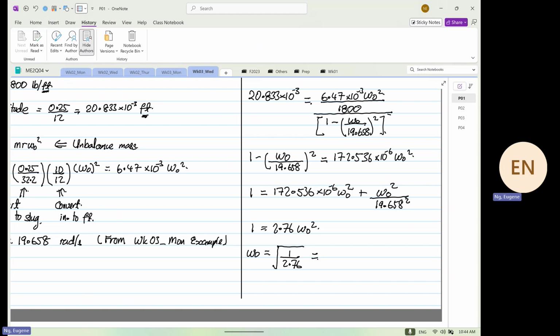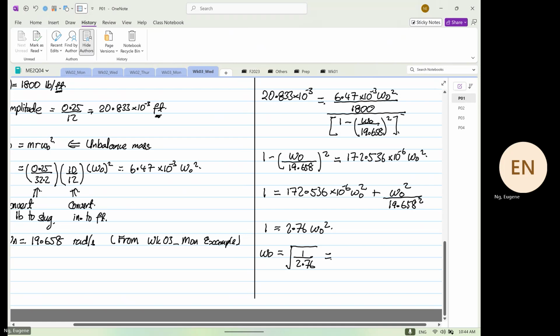is equal to 0. Did I do something wrong? Do you all find any mistake? I get 0.602 radians per second, and my notes told me that it should be 0.25.